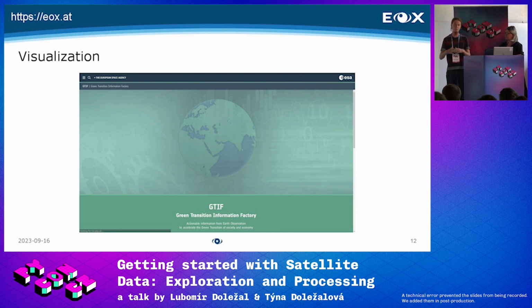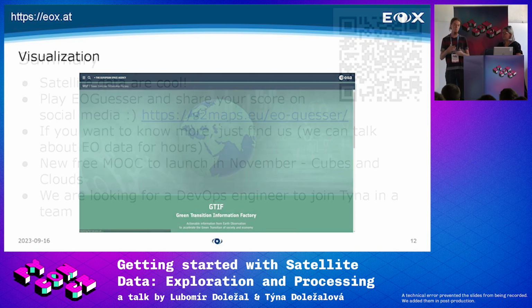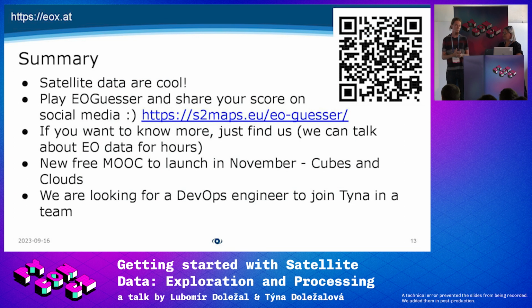It is showing a wind density map over Austria, and it is filtering the data on the fly, so the data were fetched once, and the visualization is then applied on the data themselves. This is all for us. My key point from this is that the data are really, really cool, and Týna will finalize with that.